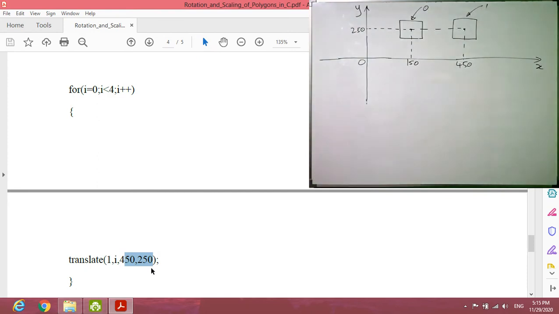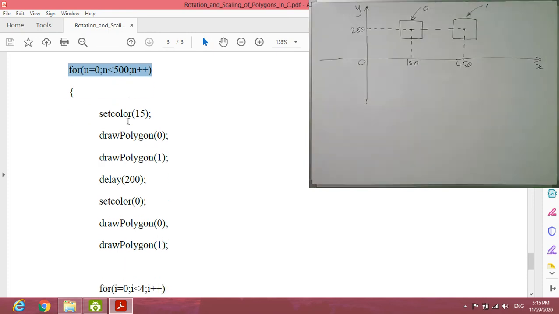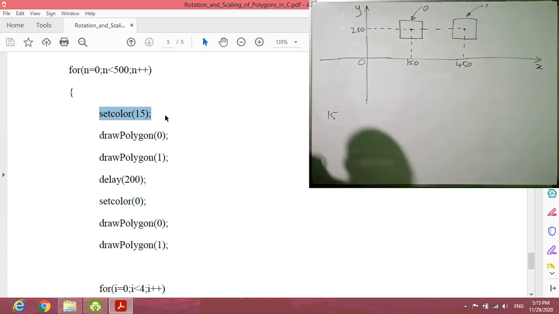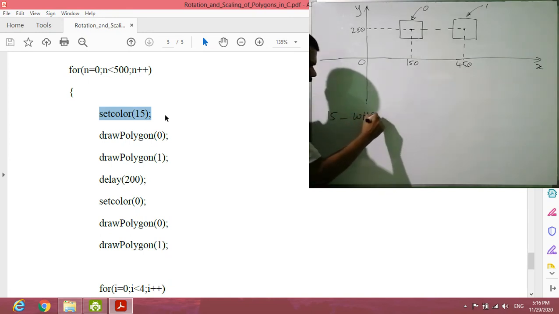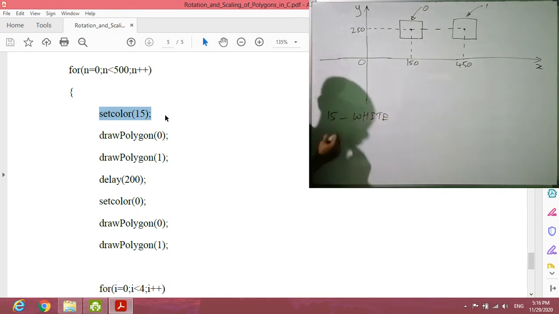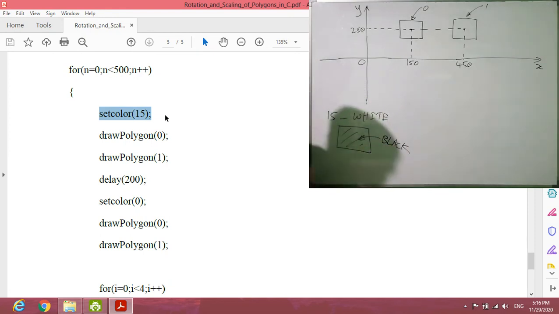Then let's move to this part. We have a for loop, then 500 times we iterate, set color 15. Set color 15 means, in this particular compiler, 15 is actually white. The background color of our graphics screen is black, so we try to draw the squares using white color.